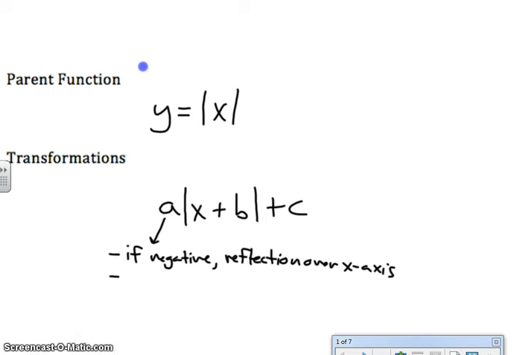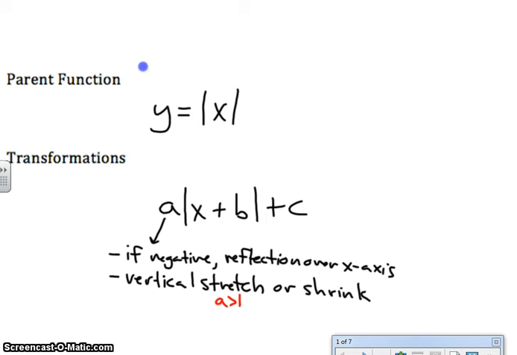If there's any value there for A other than 1, it is a vertical stretch or shrink. The stretch is if A is greater than 1. The shrink is if A is between 0 and 1.